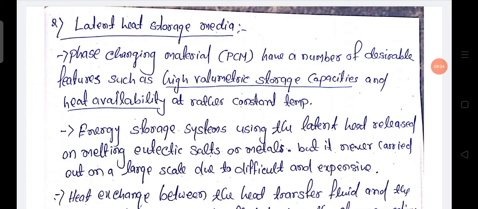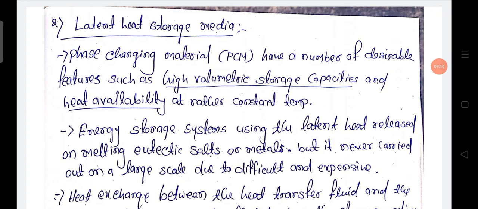Okay, so in latent heat storage media, we use the phase changing material. What is this phase changing material? Phase changing material is that material which stores and emits an enormous amount of heat when it shifts to the other state.